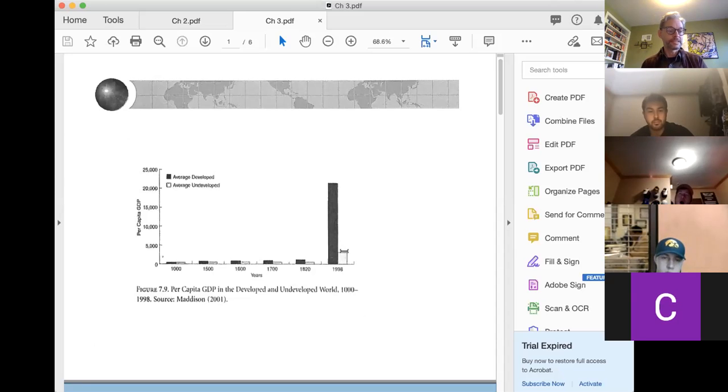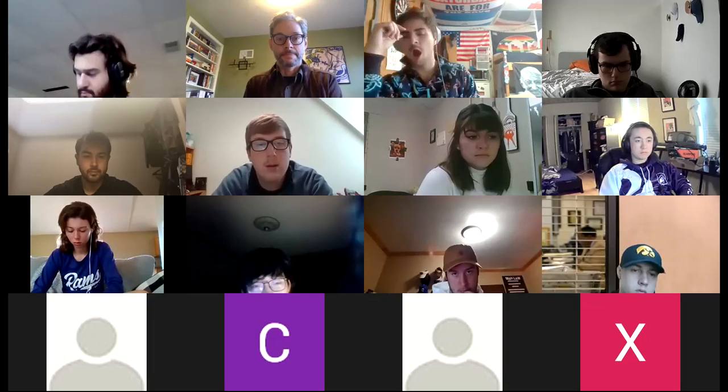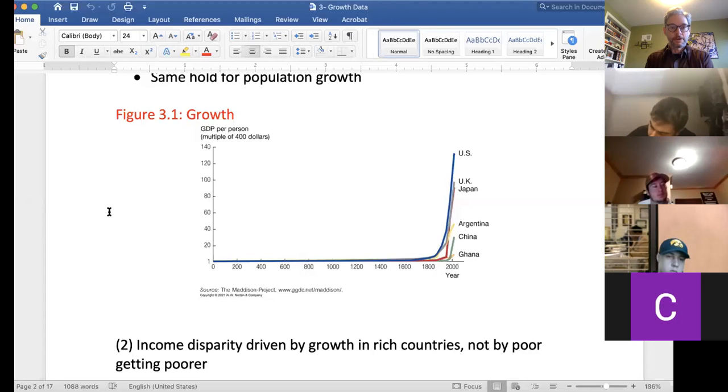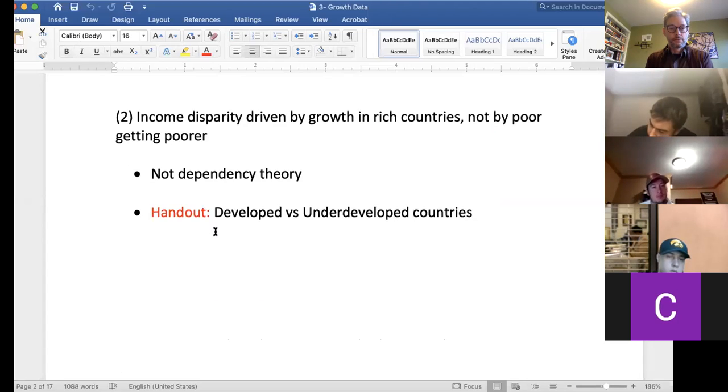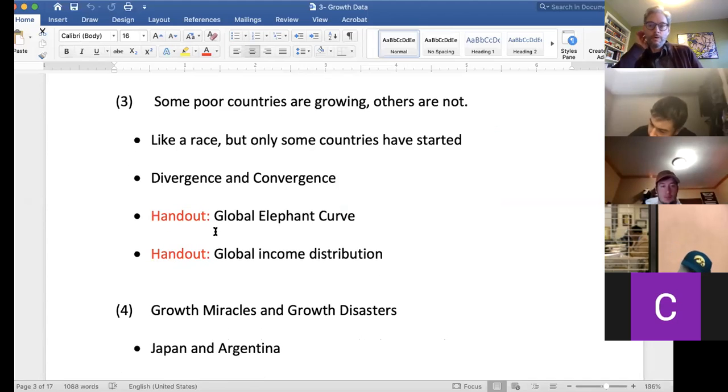And so where does all this income inequality come from? Well, it comes, once again, not from poor countries getting poorer, because poor countries have gotten richer. They just haven't gotten richer as fast as other countries, right? And so this leads us to our third fact of economic growth, which is that when we look across the world, some countries are growing and others are not.